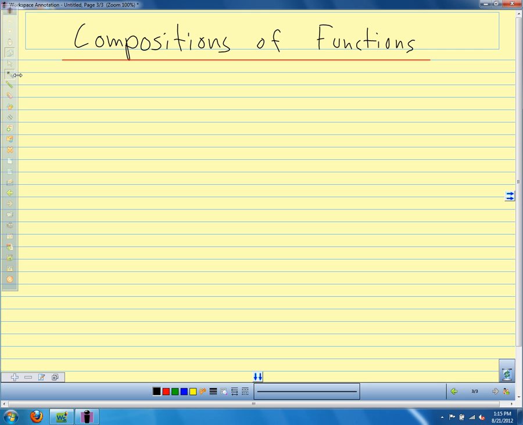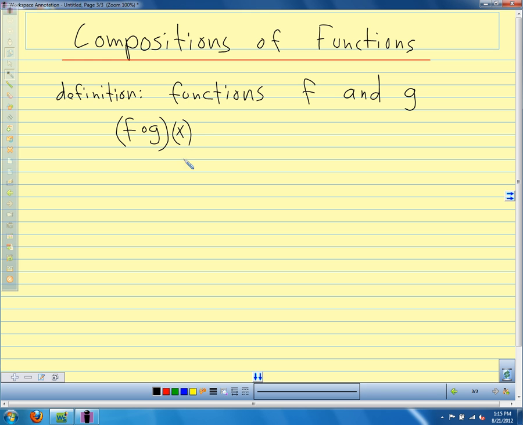So let me give you a definition first. The composition: we have our functions f and g. We write f of g with a little circle of x is f of g of x.